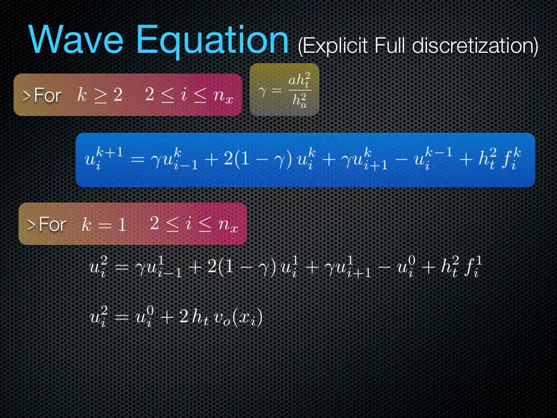and this is the same equation that I wrote in the previous slide, which tells us u superscript 2 is equal to u superscript 0 at all positions plus 2 times h_t times the given velocity function.